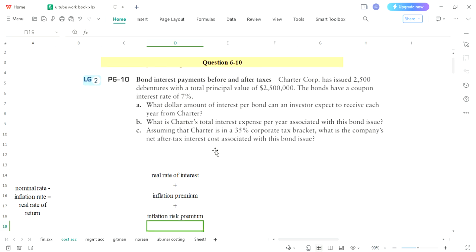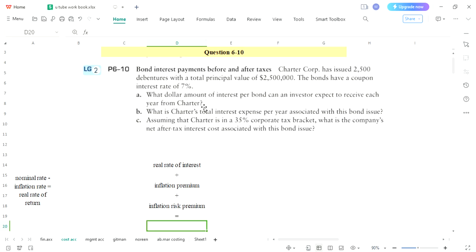So these are two different elements regarding inflation attributes. Finally, you will get your nominal rate of return. Please keep it in mind, it would be the same for the investor and the person who is taking debt.